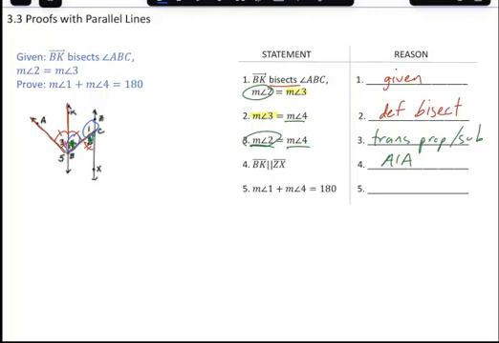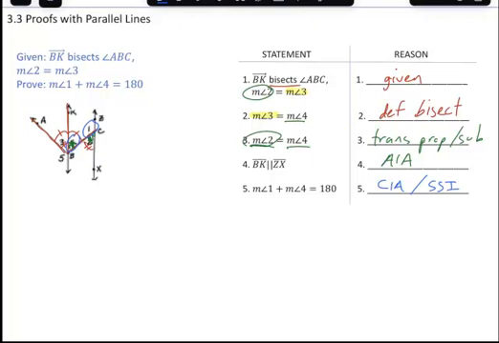So the only other way that we really have for showing that two things add up to 180 that's not based on substituting into a previous expression or equation is CIA, right? Are angles 1 and 4 same side interior angles of parallel lines, or consecutive interior angles? Yes. So CIA, or SSI, either of those would work for this.